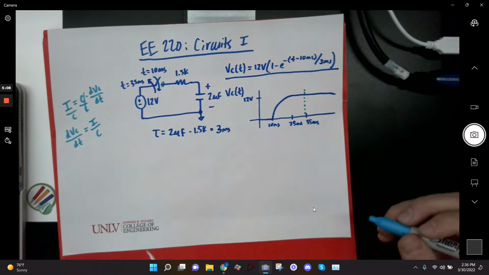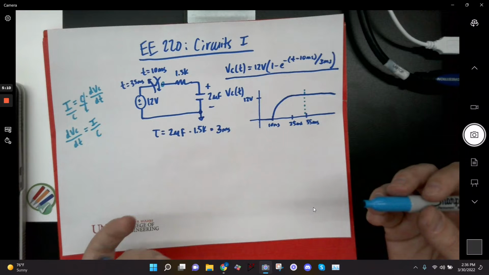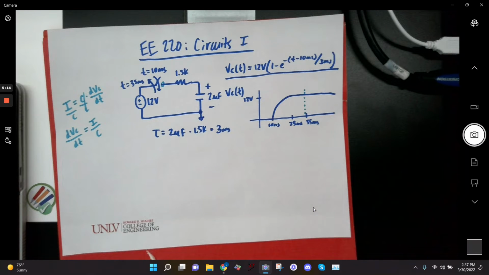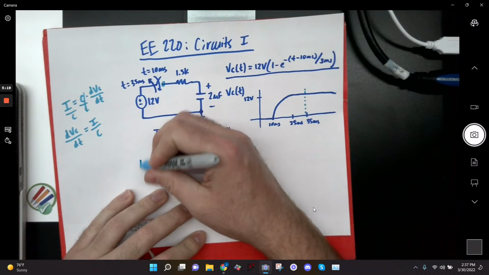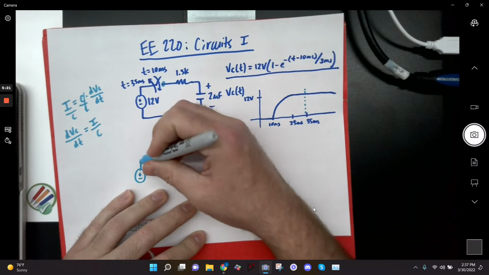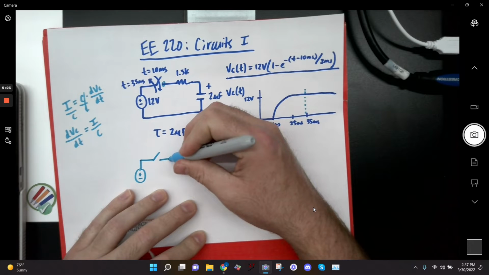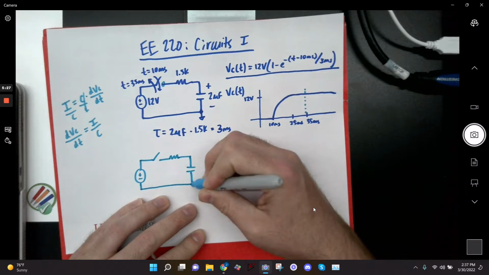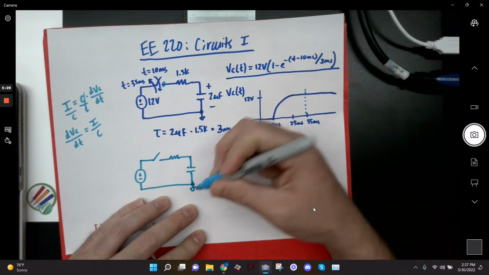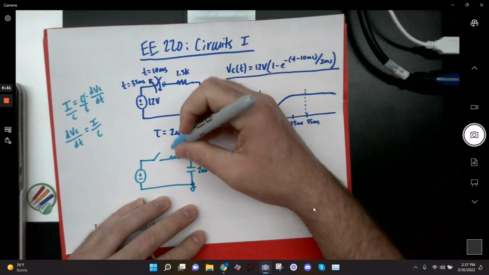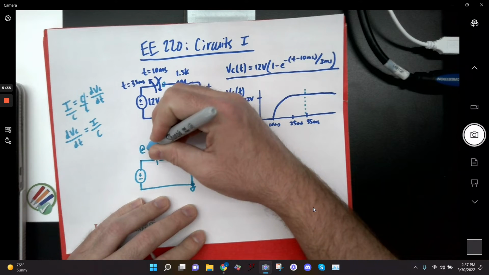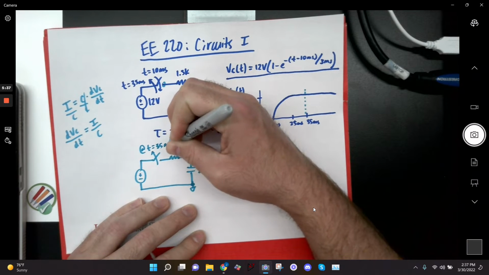All right? So in order to fix this, you have to add a path. You have to give it a path for charges to flow so that the capacitor can discharge once that switch opens. So what I meant for the solution to be was something that looked like this. So this is the same circuit, right? 2 microfarads, 1.5K, and then this opens at 35 milliseconds.